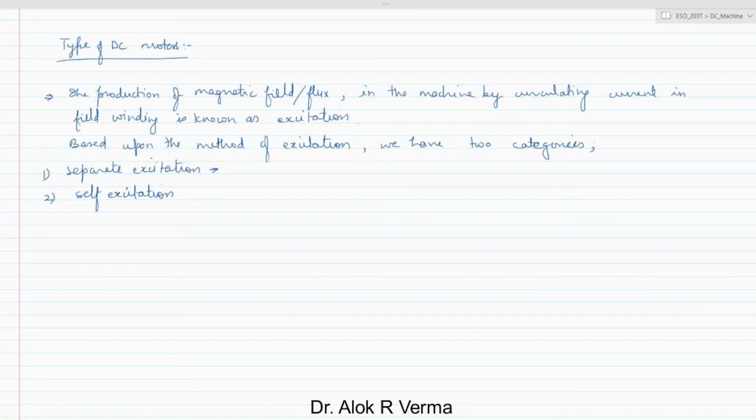The direct current machines are named according to the combination of field windings. So now we have the main types of DC machines. First is the separately excited DC machine.